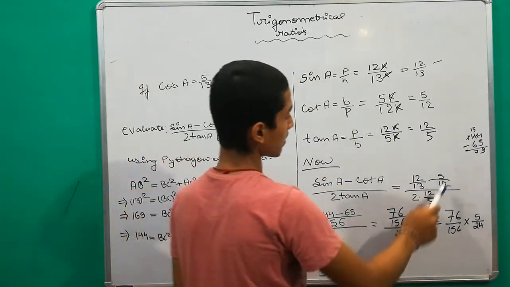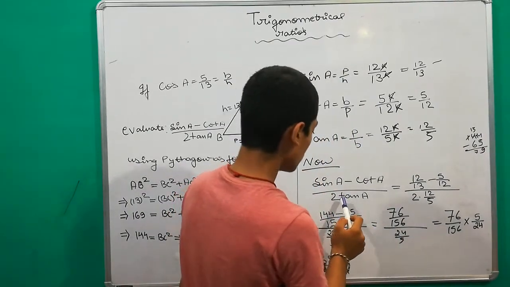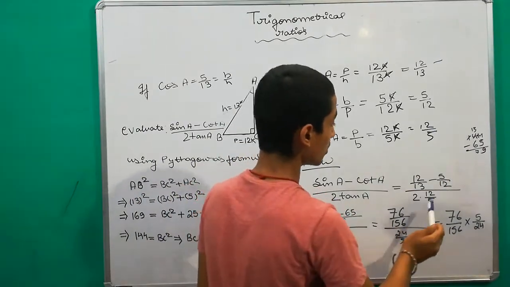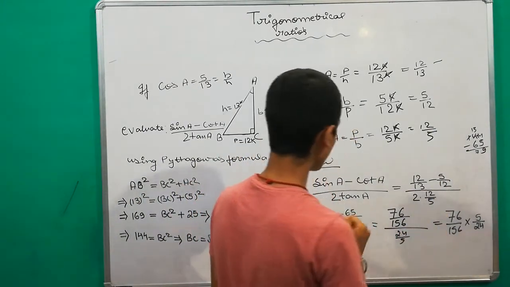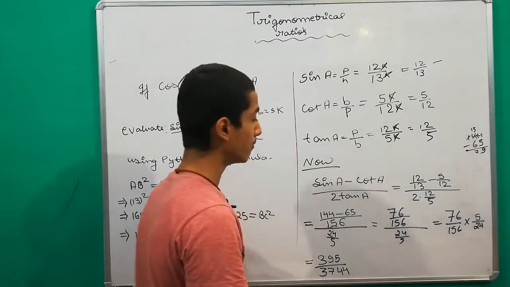In the denominator, the value of tan A is 12 by 5, and since it is given as 2 tan A, we multiply the tan A value by 2.